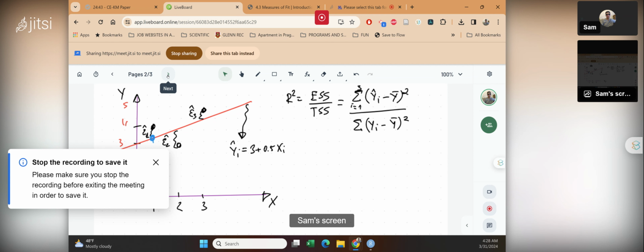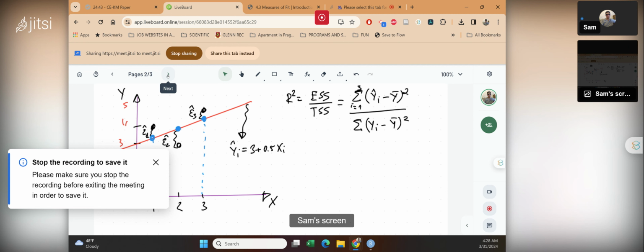Then the second case, if you have x equal to 2, then the prediction of the model is something around 4. And then if you have x equal to 3, then your y hat is going to be equal to 4 point something. Okay, these blue dots are representing these y i hats for different values of x.